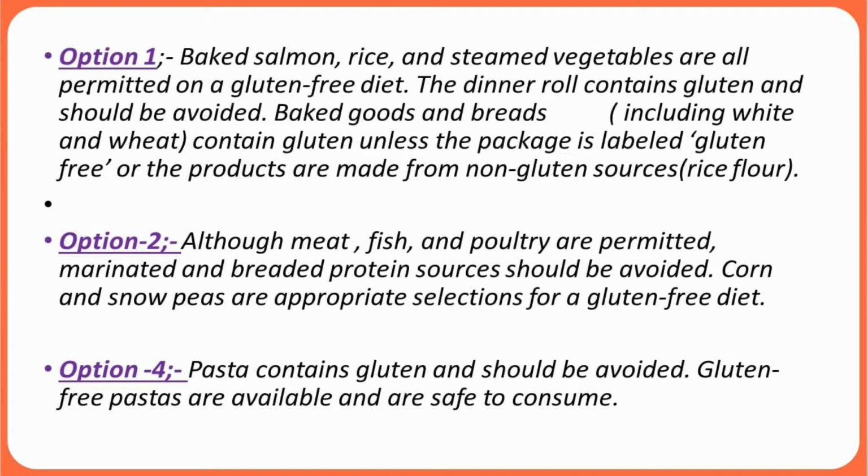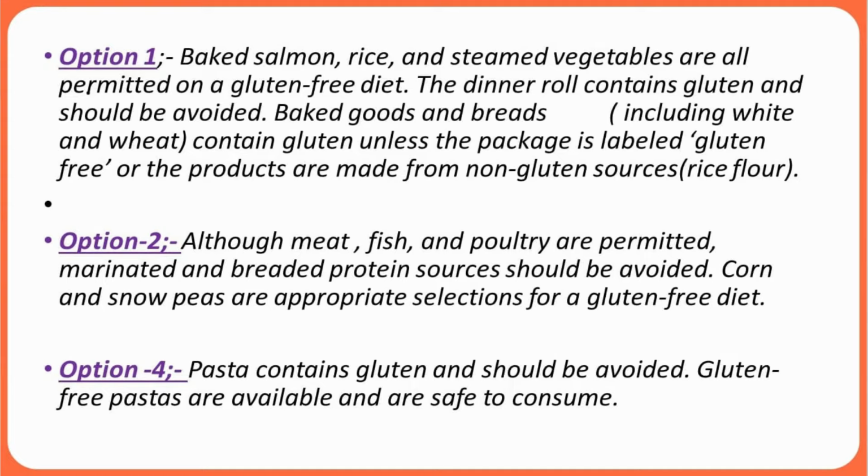It might be marinated with breading, so there are chances it may contain gluten products. The other items, like steamed snow peas, you may feel are fine, but the breaded pork chops should not be recommended for the client.